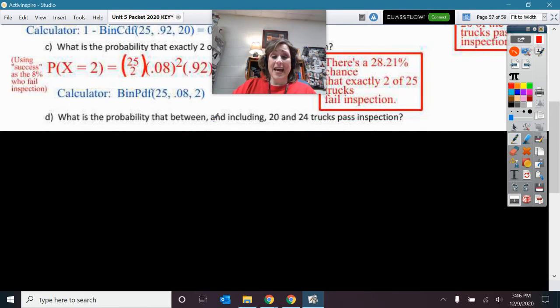What's the probability that between and including 20 to 24 trucks pass inspection? Okay, so let's think about this. We could do a bunch of PDFs. So I could PDF 20, 21, 22, 23, and 24. I guess I could PDF those 5 successes and then add them together.